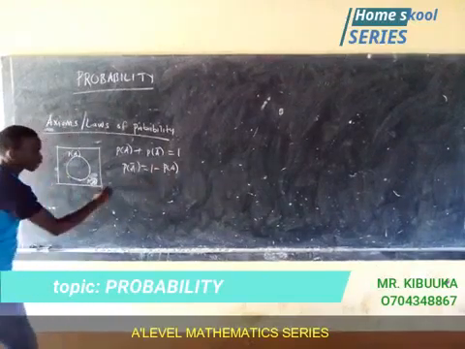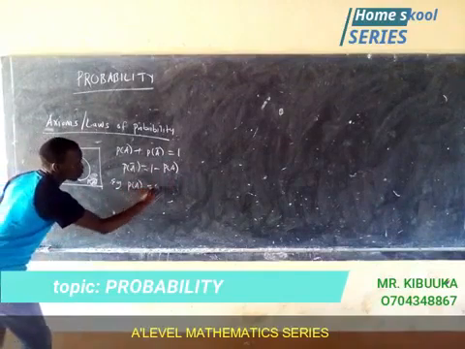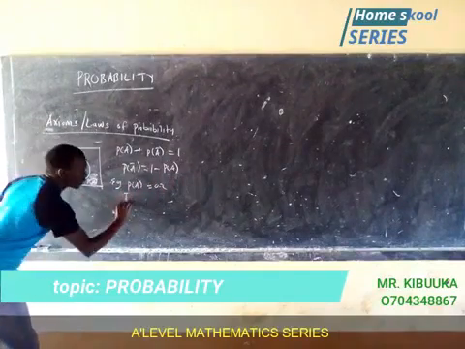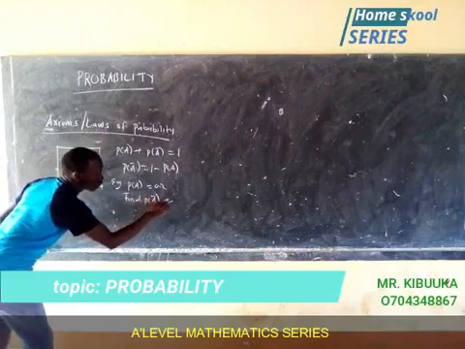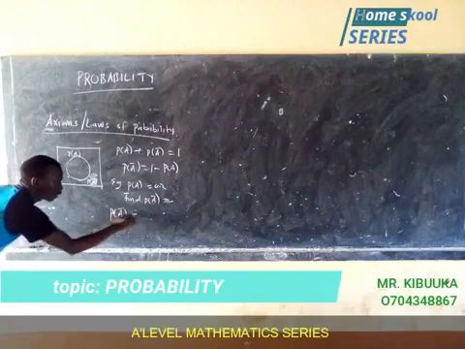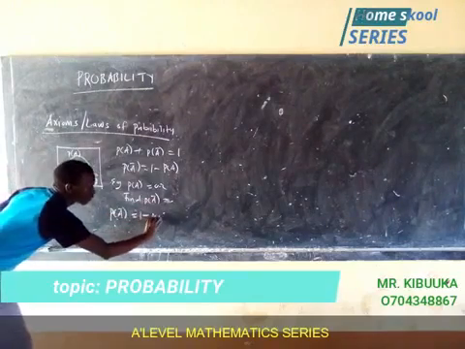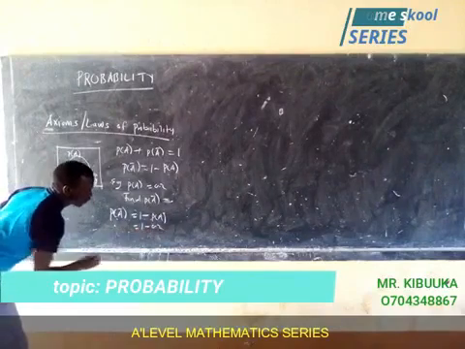In this case, for example, if I say the probability of A is equal to 0.2 and I say find probability of A complement, you will say the probability of A complement shall become 1 minus the probability of A, which becomes 1 minus 0.2.